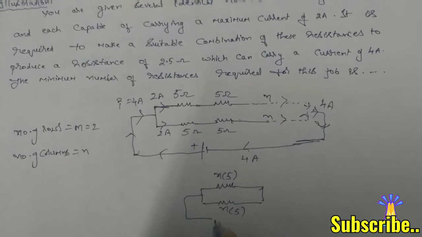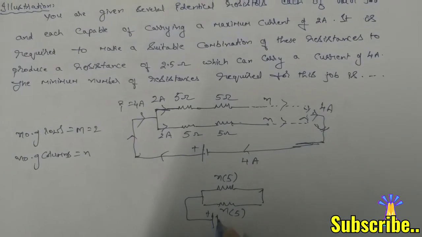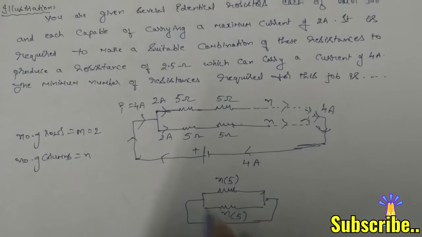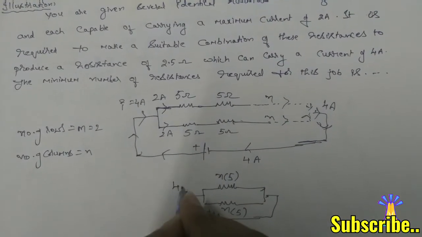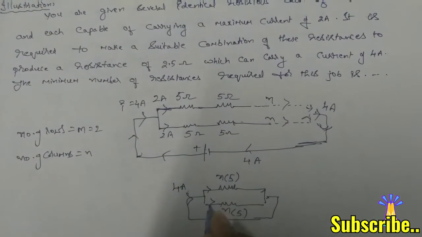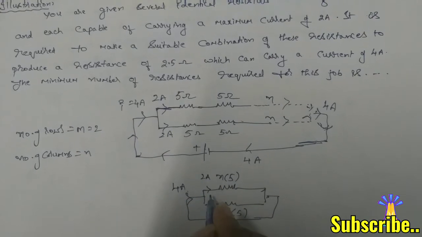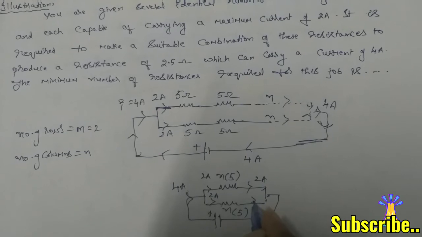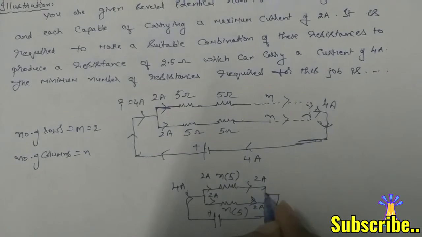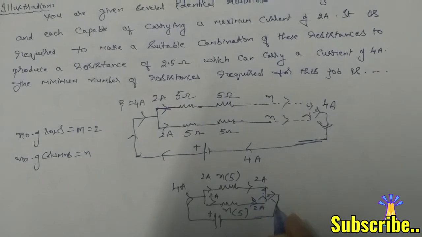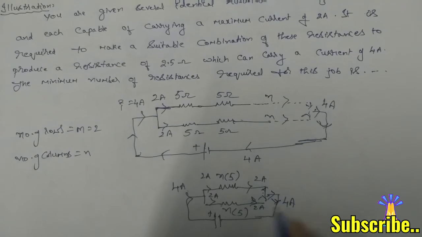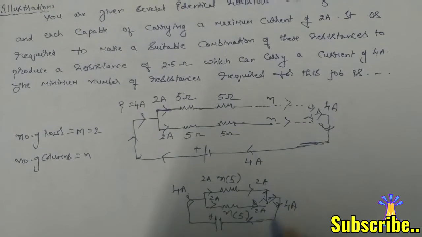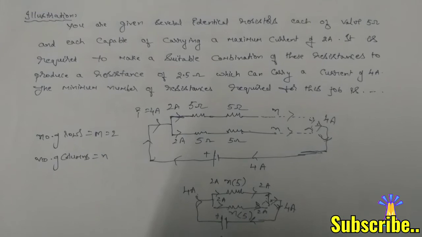Like this the circuit can be redrawn equivalently. Now 4 ampere current is going here, and 2 ampere flows in each branch. Whatever the inward current, they combine here again. Finally 4 ampere current is circulating throughout the circuit.